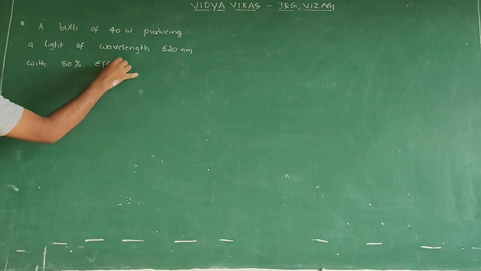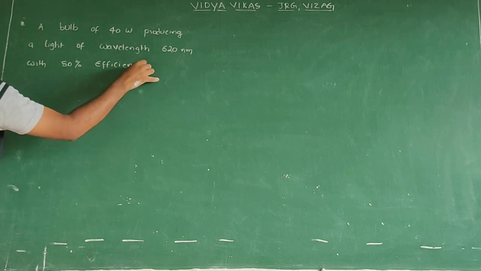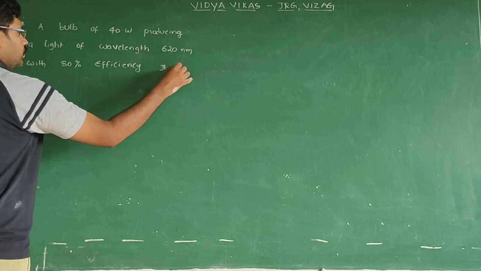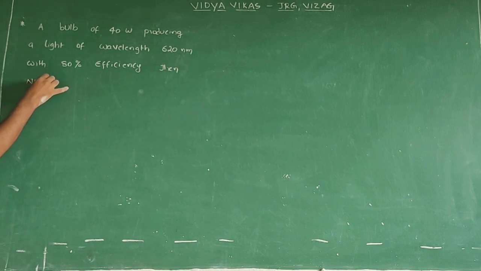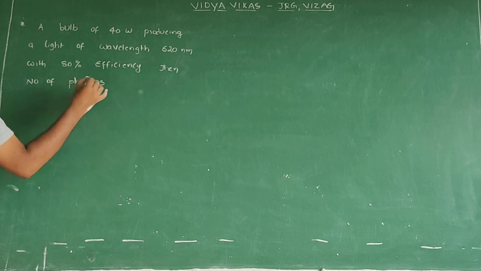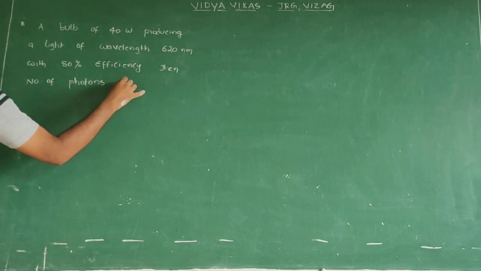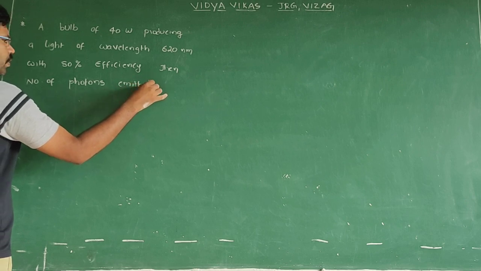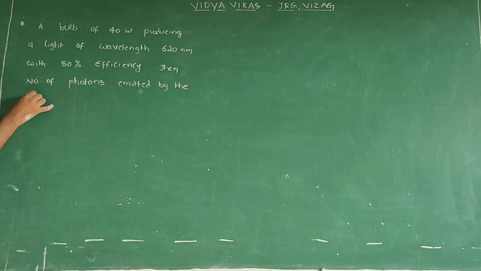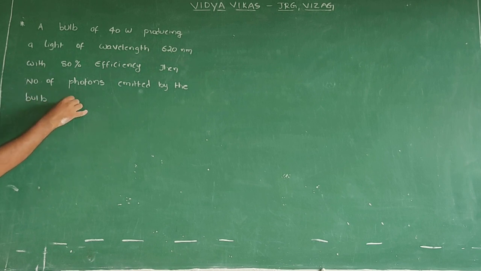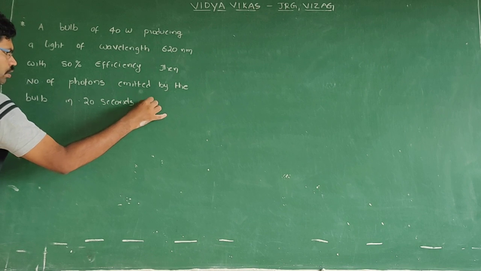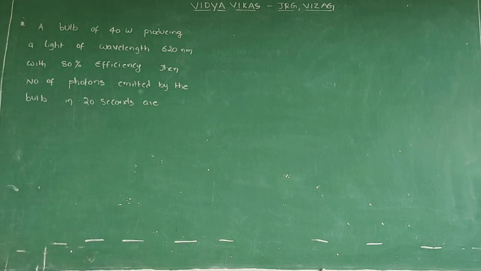Underline that word, 80% efficiency. Then the number of photons, dear students, emitted by the bulb in 20 seconds, this is the question.